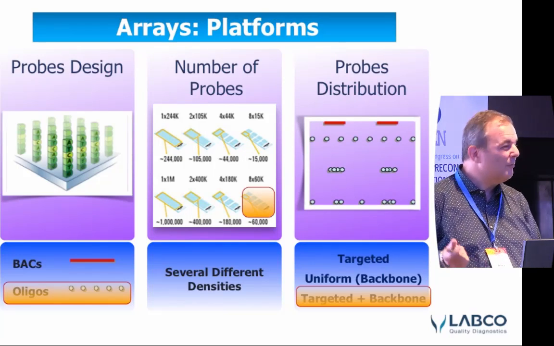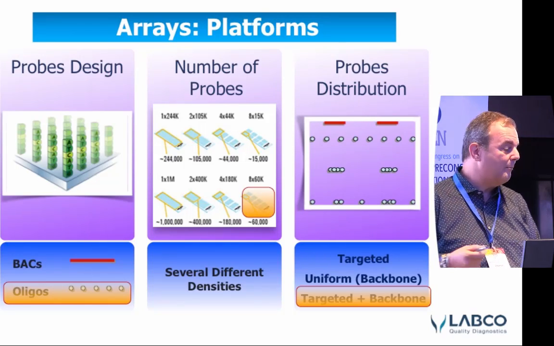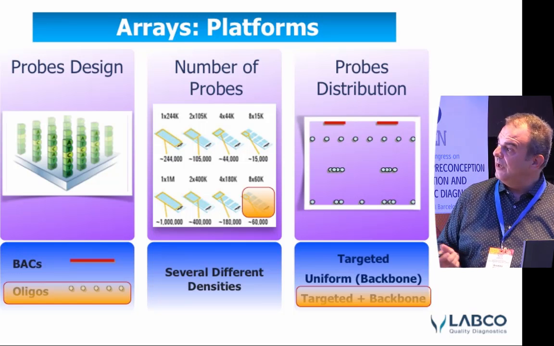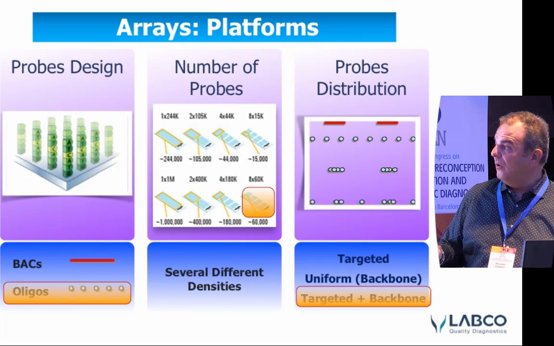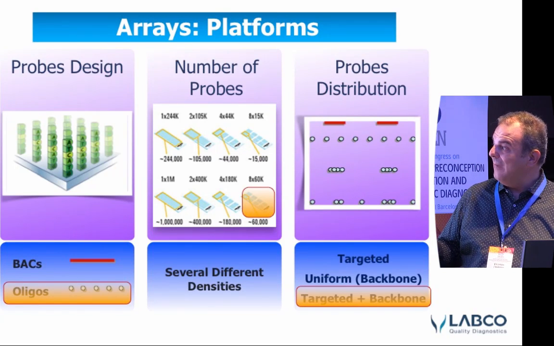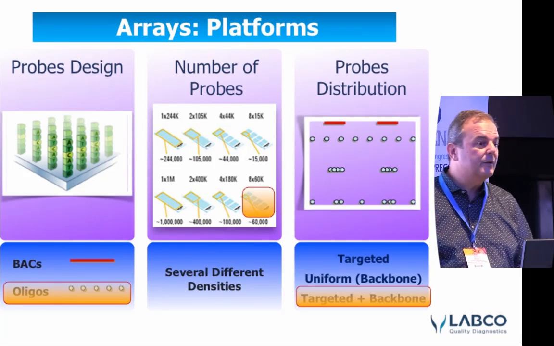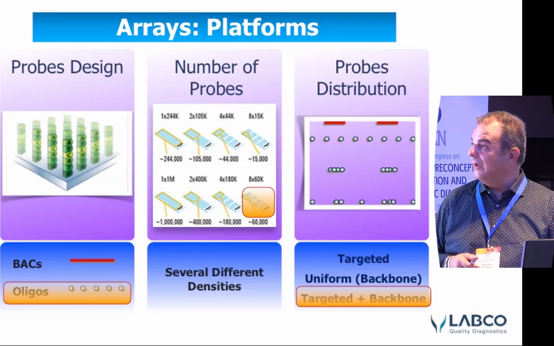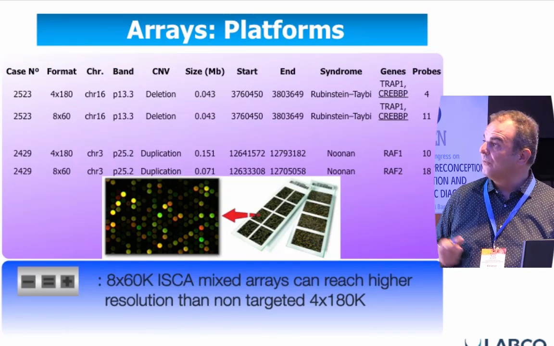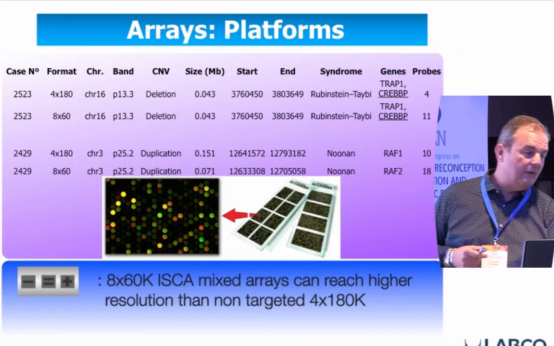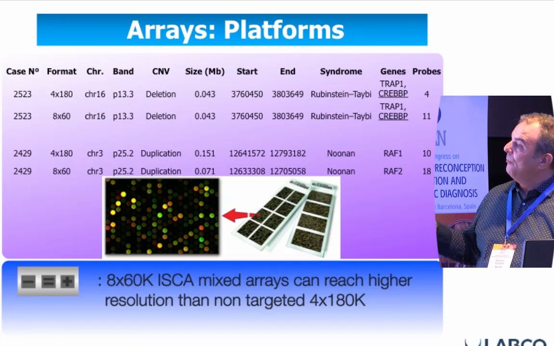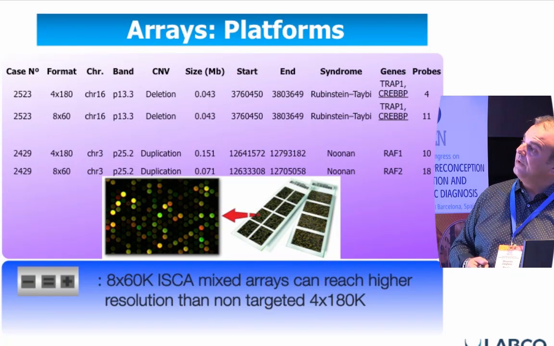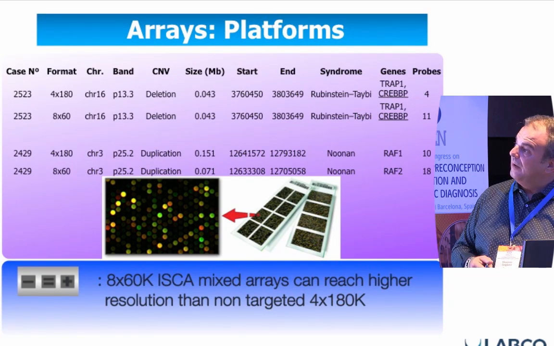And actually these are the most commonly used in diagnostic labs like ours, which almost only use the 8x60 with an ISCA design. So it's a targeted array plus backbone for diagnostic regions.